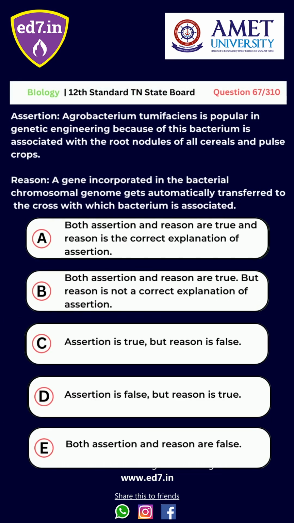Question number 67. Assertion: Agrobacterium tumefaciens is popular in genetic engineering because this bacterium is associated with the root nodules of all cereals and pulse crops. Reason: A gene incorporated in the bacterial chromosomal genome gets automatically transferred to the crop with which the bacterium is associated. The options are A. Both assertion and reason are true, and reason is the correct explanation of assertion.